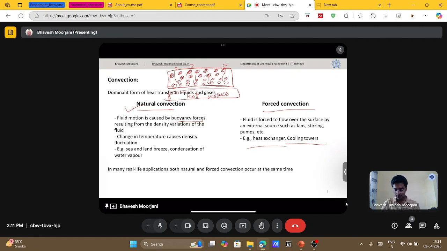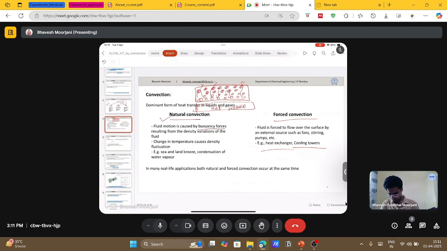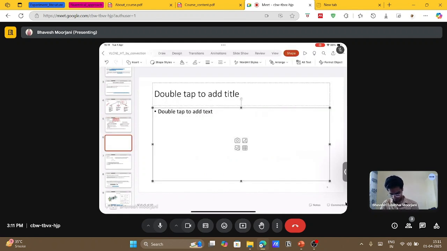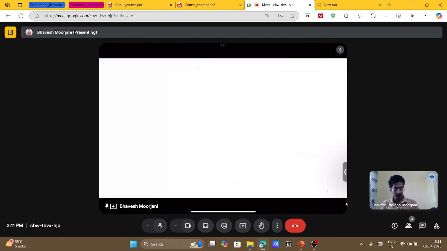We can further differentiate them based on flow regime, so that we can divide it into laminar and turbulent convective heat transfer.